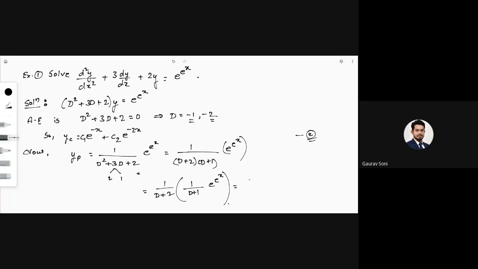So with our formula, the D plus m formula, if you have written it, check it. So we will have e to the power minus x outside, integral e to the power x, e to the power x dx.